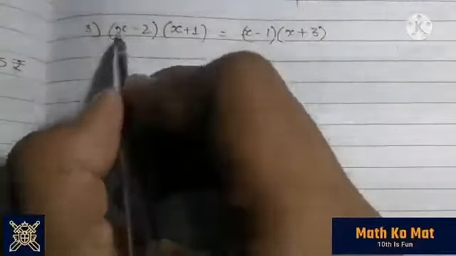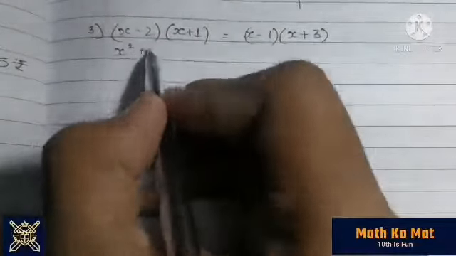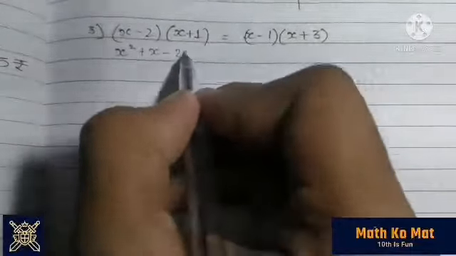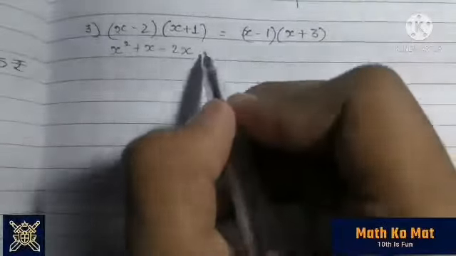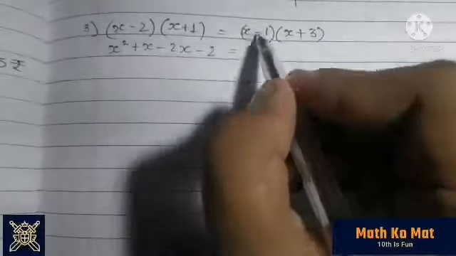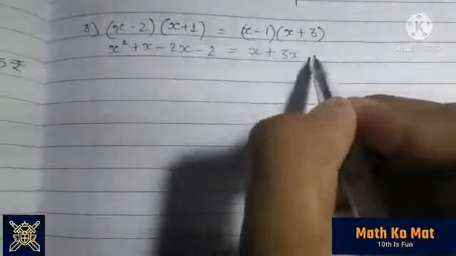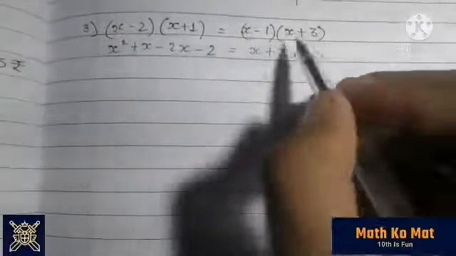So let's do it directly only. x into x will give you x², x into 1 will give you +x, −2 into x is −2x, and −2 into 1 will give you −2, and this is equal to x into x, x², x into 3, so +3x, −1 into x, so −x, −3.